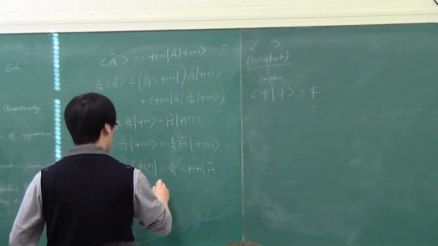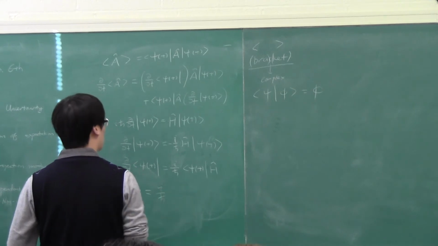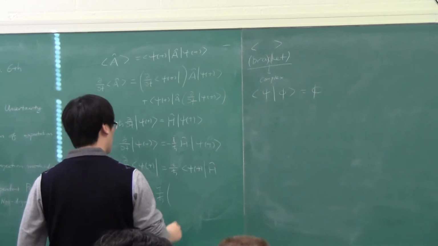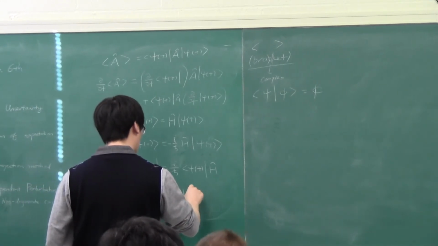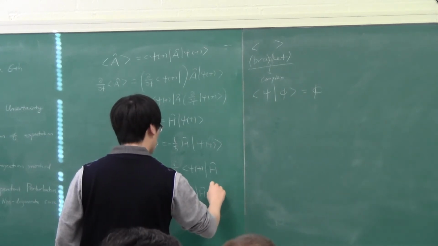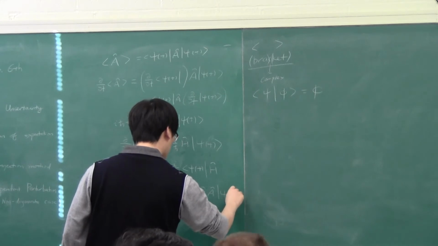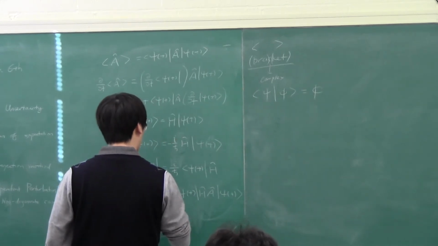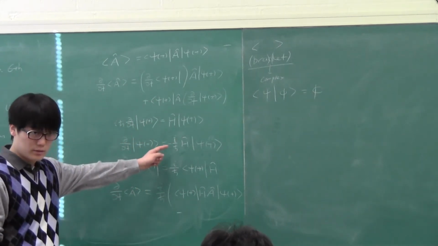I can take out a common factor of i h bar, and there will be a minus sign because of the minus sign here.